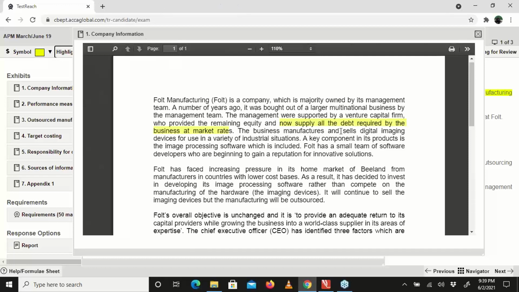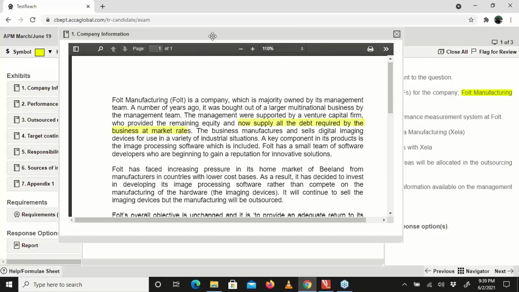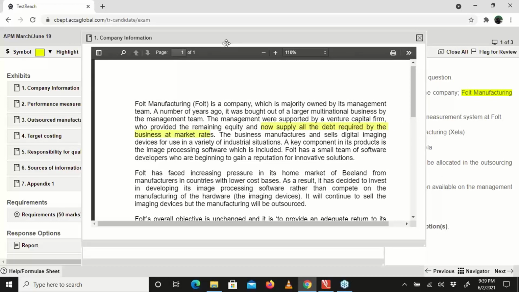Now it says the business manufactures and sells digital imaging devices for use in a variety of industrial situations.